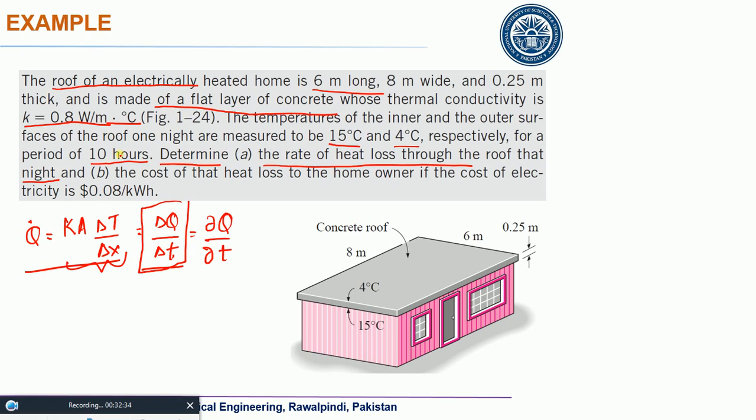Okay, and you can always calculate the seconds for 10 hours and you can multiply this Q dot with those seconds having been converted from 10 hours. You can always find out how much heat has been transferred from one side to the other in 10 hours.